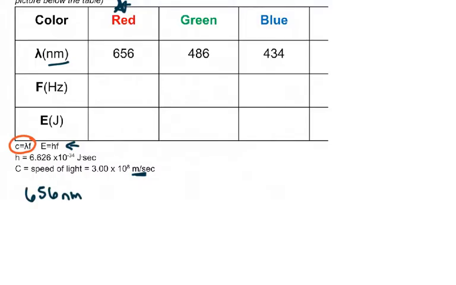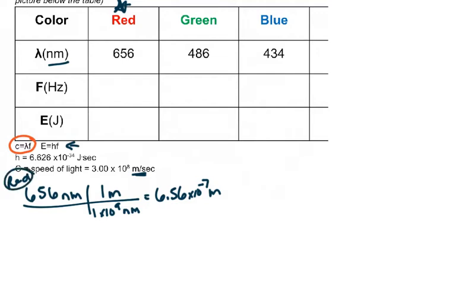So I have nanometers there. So 1 meter equals 1 times 10 to the 9th nanometers, which makes this 6.56 times 10 to the negative 7 meters. So again, I'm solving for red.